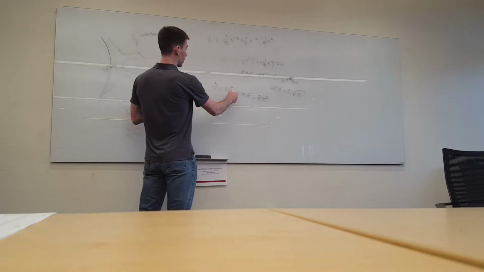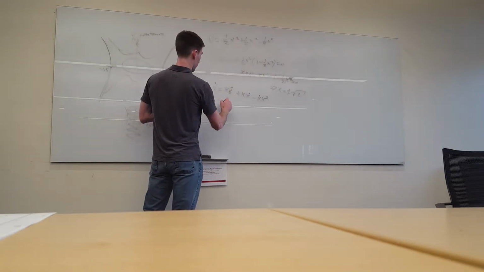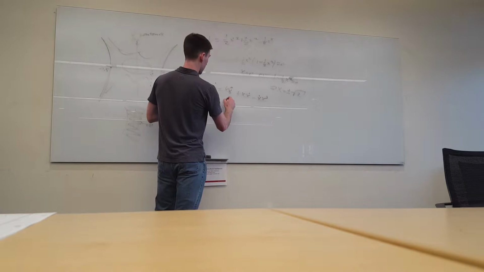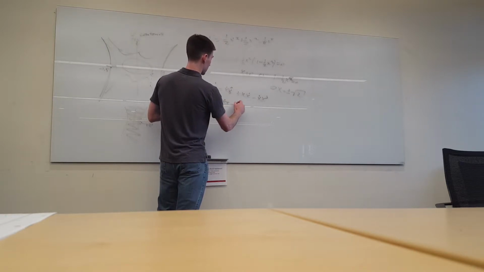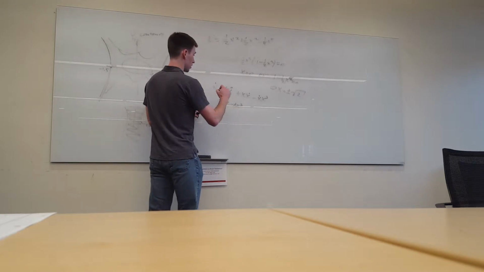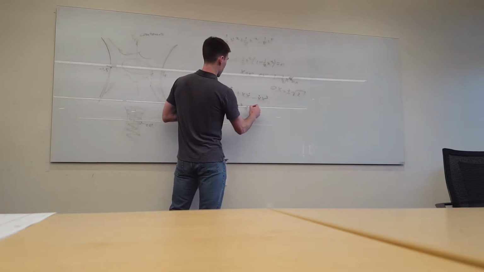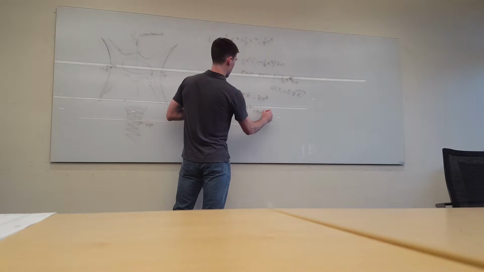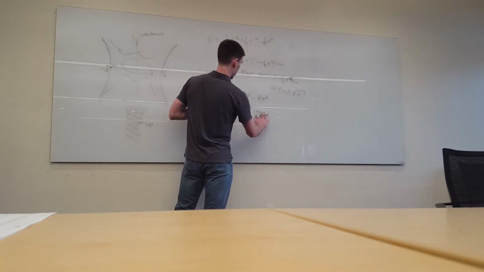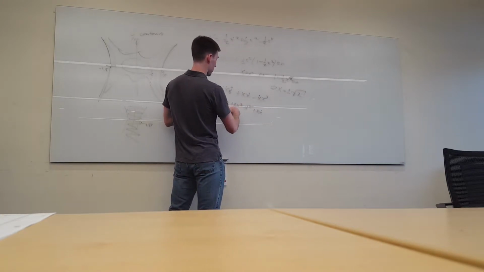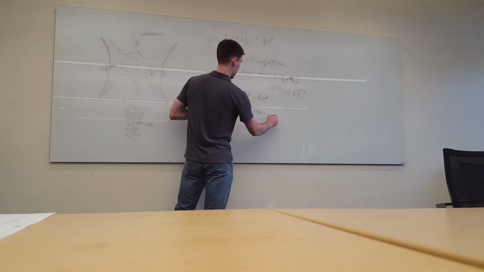And when I plug in for x double dot, I get x dot minus x dot x minus x dot x cubed minus x dot squared plus x dot x cubed.